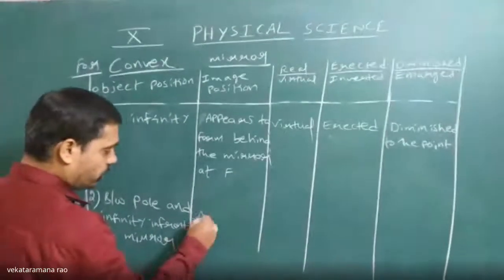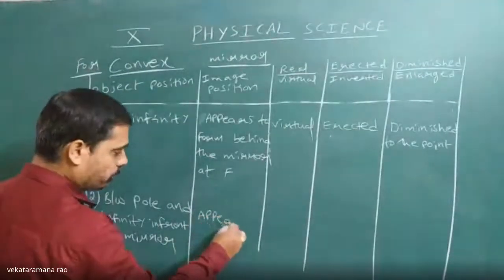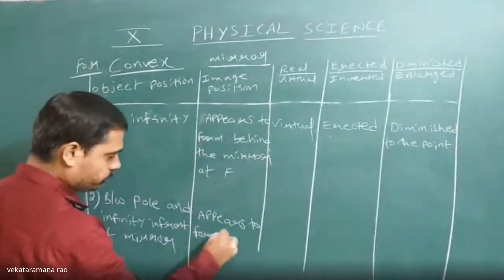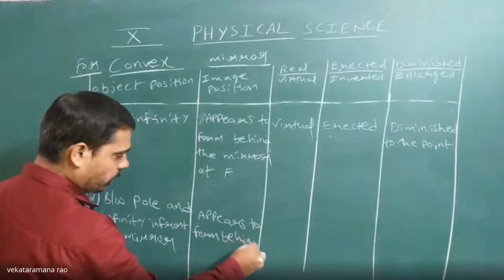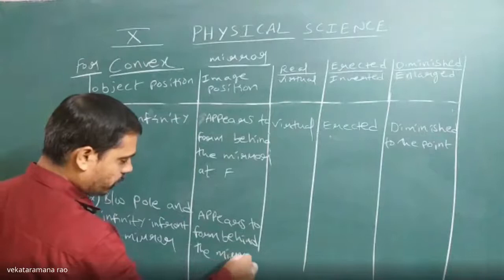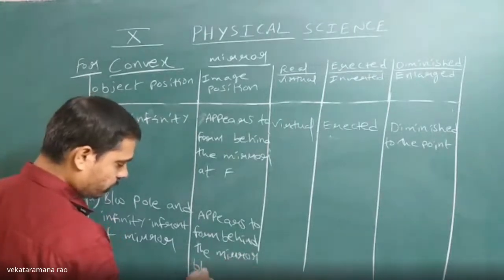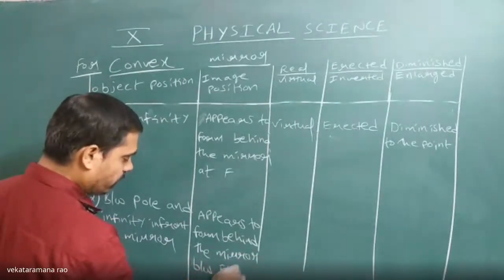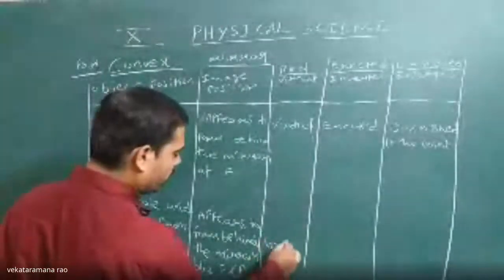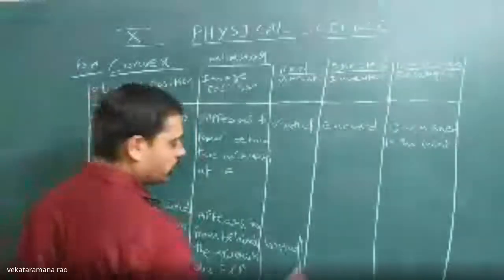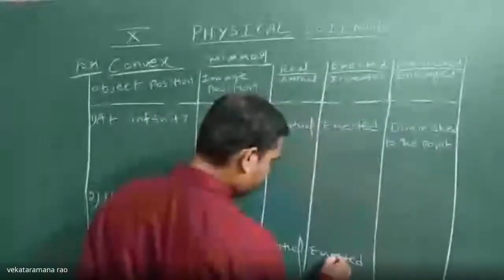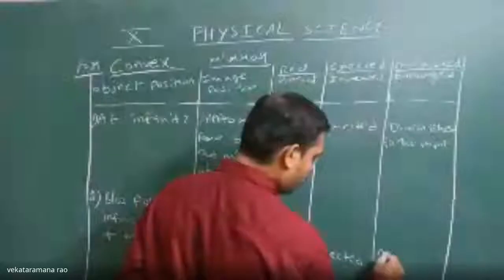Here also the image appears to form behind the mirror, between F and P. Is it virtual? Yes, it's virtual. Is it erect? Yes, it's erect. Is it diminished? Yes.